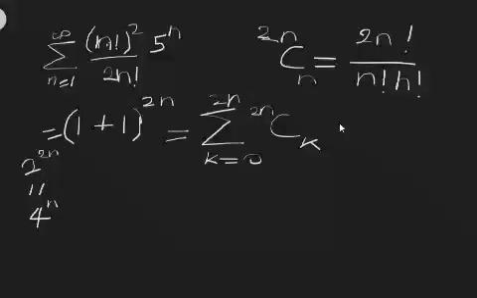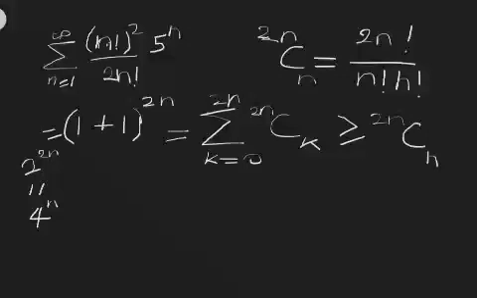So you can see that this one here is one of the terms of this finite series, right? Therefore the whole finite series is greater than or equal to 2nCn, right?